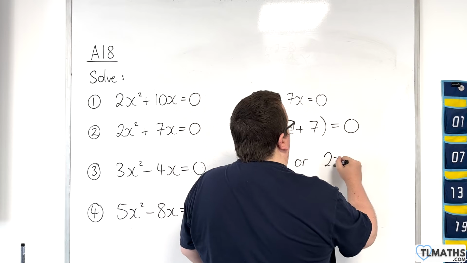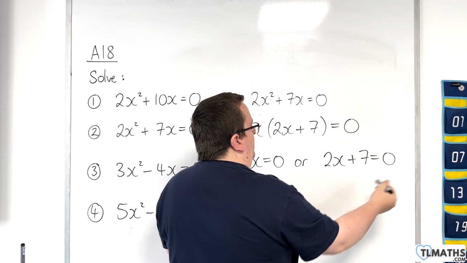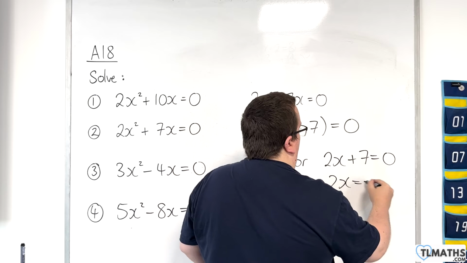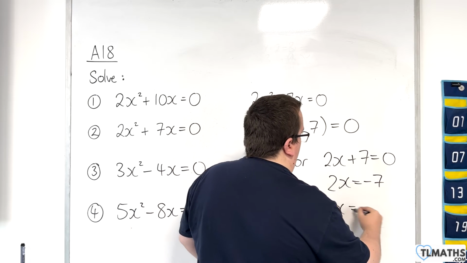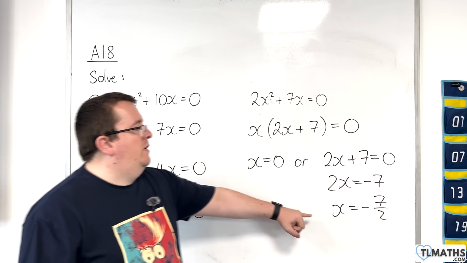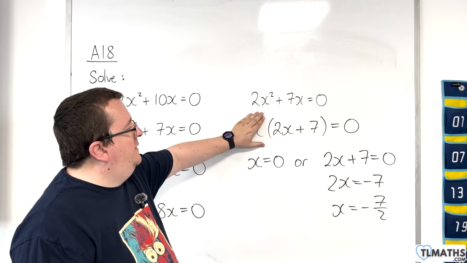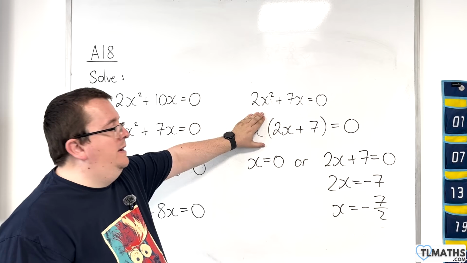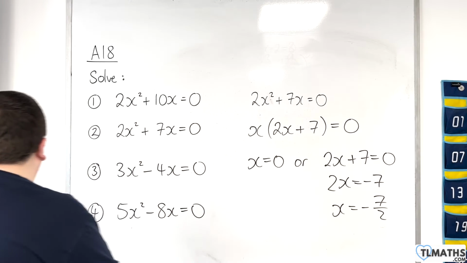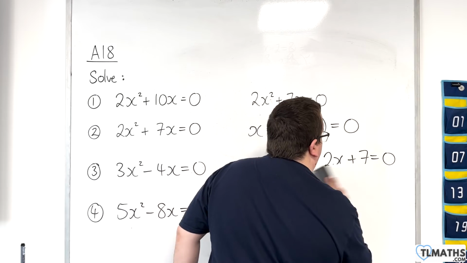Okay, so either x is 0 or 2x plus 7 is 0. Subtract the 7 from both sides, divide through by 2, so x is minus 7 halves. If you could go straight to x equals minus 7 halves from that, spotting that bracket, then great. Okay, that's really ideally where you would want to be, particularly if you're studying higher.